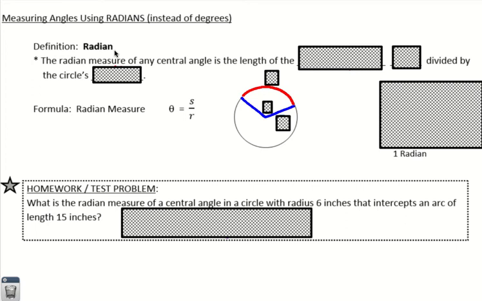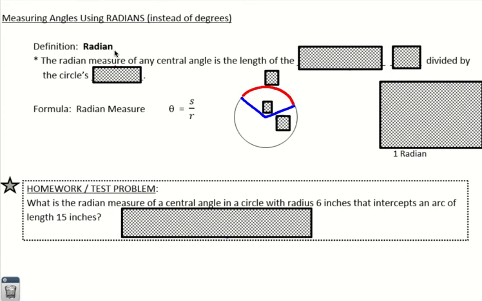There's all kinds of different units you could use to describe the length of something. Well, radians happens to be just another unit we can use to measure the size of an angle.